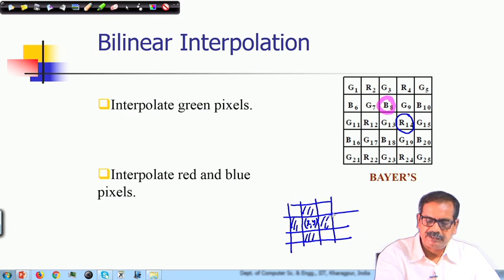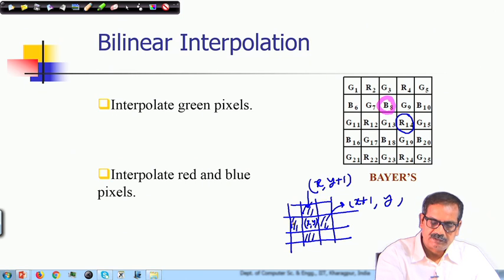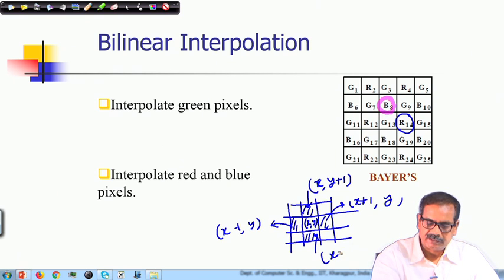Which means the array indexing of the coordinates should be x plus 1, y; x, y plus 1; x minus 1, y; and x, y minus 1.